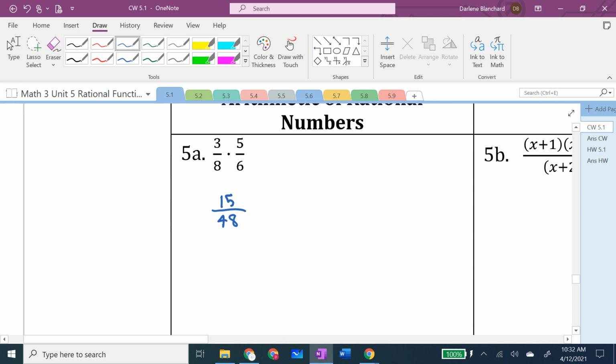And as I say that, does anyone see something that you might have started with to make your life better? Yeah. Now let me point out that I multiply the two numerators 3 times 5. I multiply the two denominators 8 times 6.